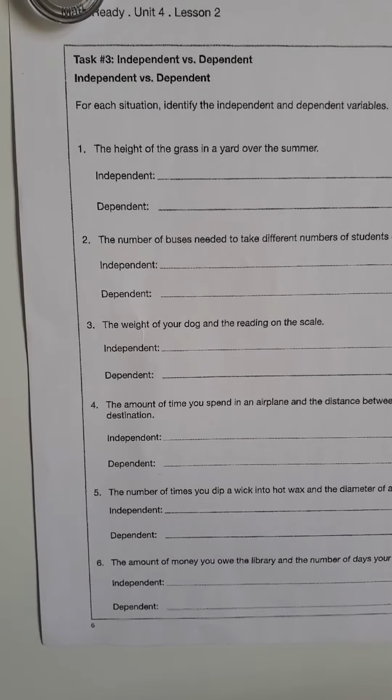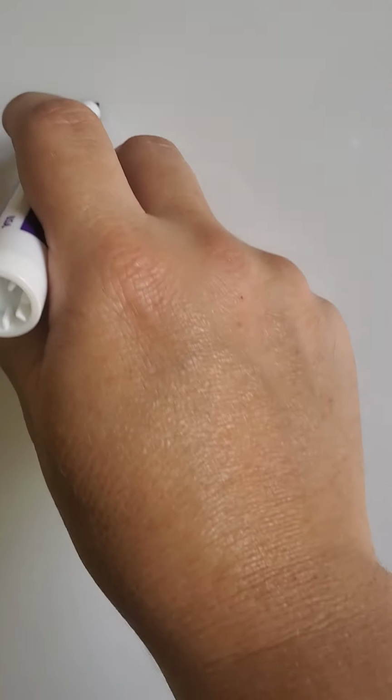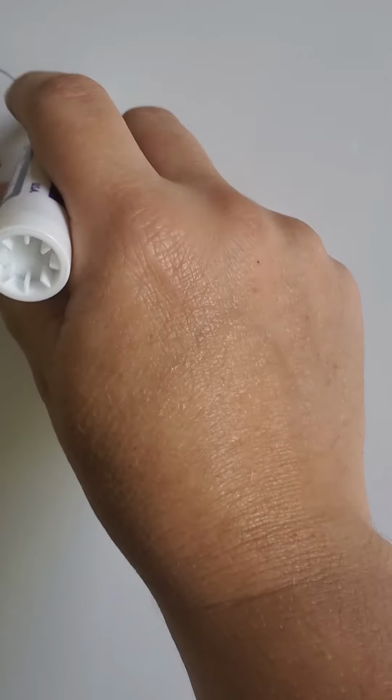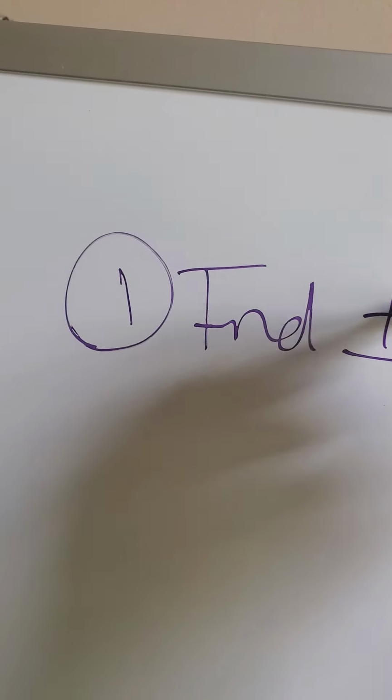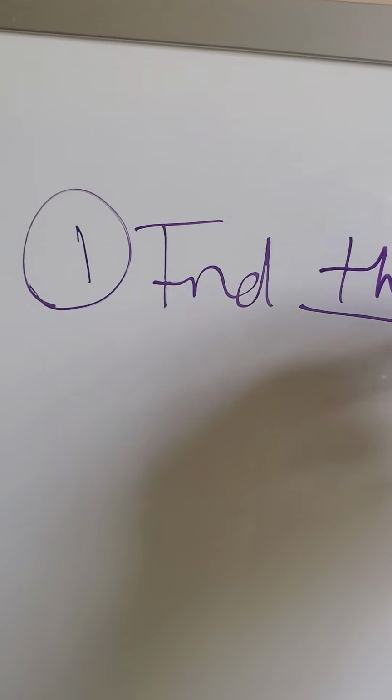So in number one, my independent, and I don't mind however you want to do this. You can abbreviate, you can underline, whatever. So in this case, the independent would be the summer, right? Because the summer is going to come no matter what.